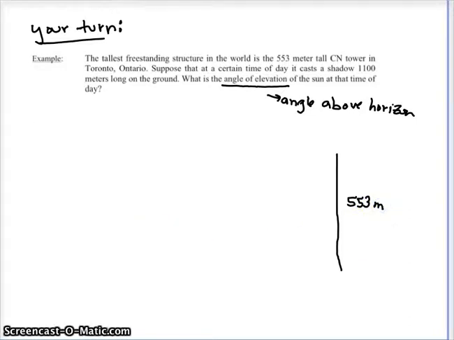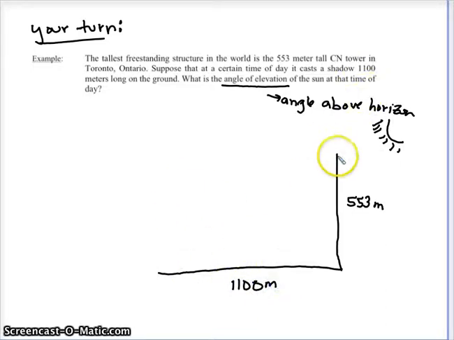The sun is back here, and it's casting a shadow on the ground that is 1,100 meters long. And we want to know what is that angle of elevation. We're looking for this angle right here, the angle above the horizon, so that'll be our x degrees.